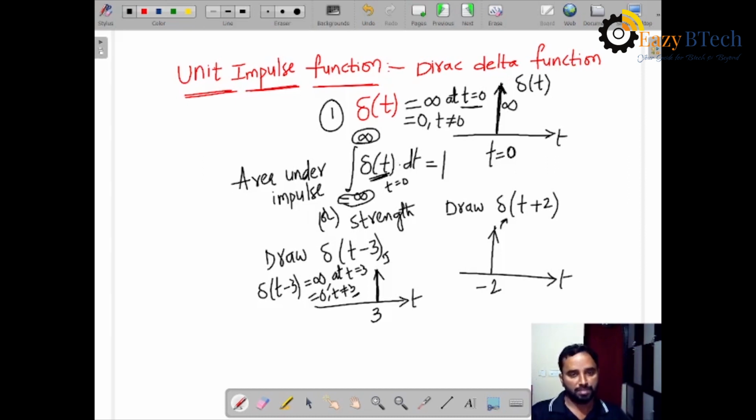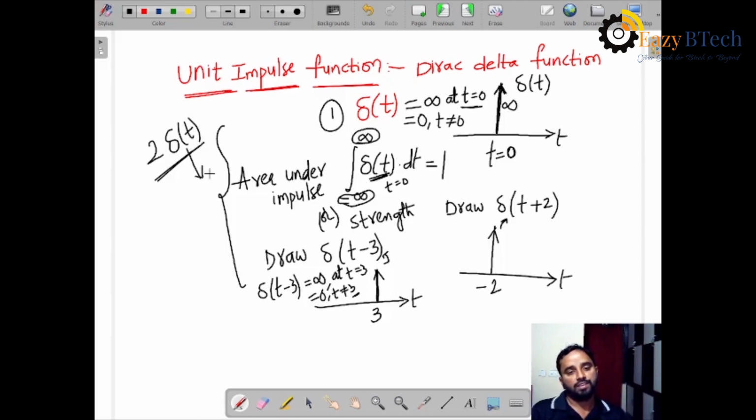The impulse must be between the lower and upper limits, then only will the area under the impulse become 1, or unity. And one more point I want to mention. For example, 2 del of t. What is the meaning of 2 del of t?